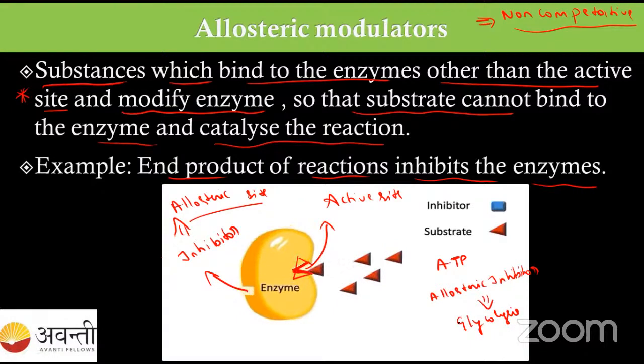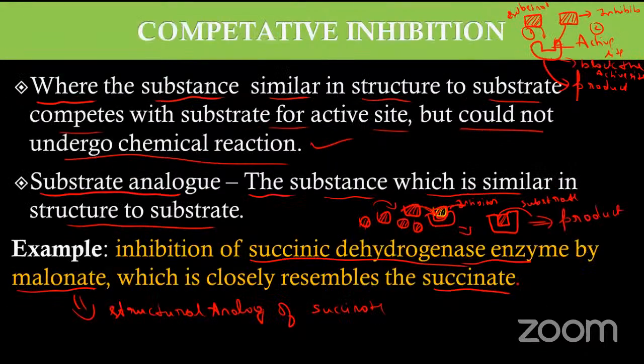Fine. So what happens in competitive inhibition, students? Here the Km of the enzyme increases. Can anyone tell me what happens if the Km of the enzyme increases? When the Km increases, obviously the affinity of the enzyme for the substrate decreases, right?